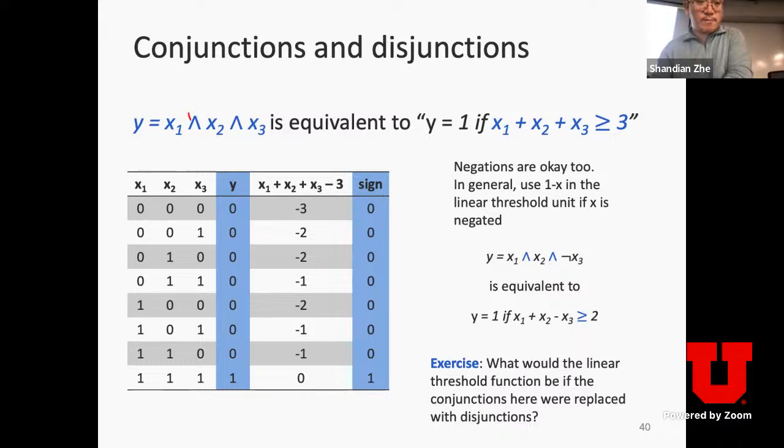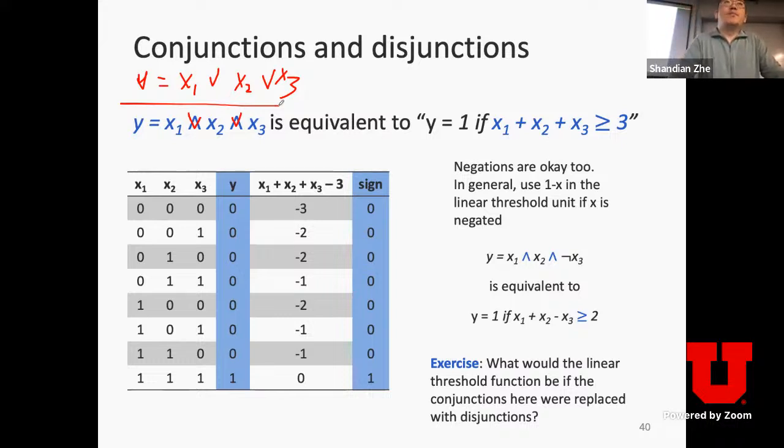Suppose I replace conjunction by disjunction. Let me write it more clearly. Right, this is my new Boolean function. How can we represent this disjunction function by linear classifiers? Any thought?